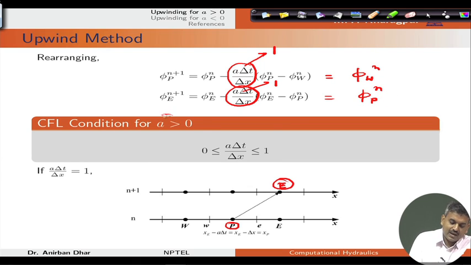That means if a is greater than 0, the information of the previous cell is directly transferred to the rightward cell in the future time level.